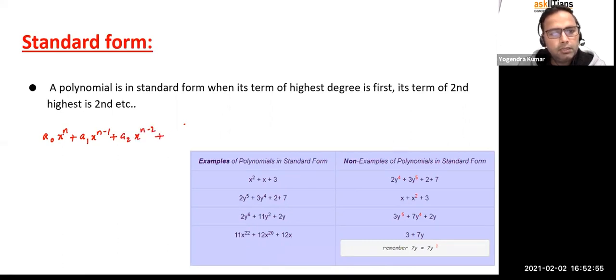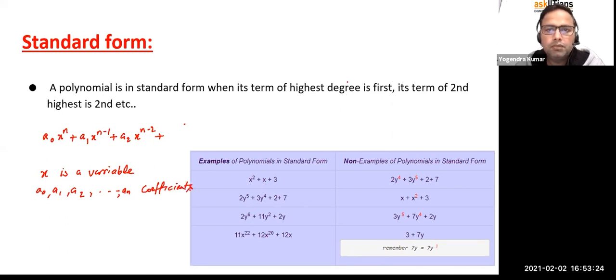You can see I'm writing in decreasing order. Here x is a variable, and a naught, a1, a2, and so on are constants, the coefficients.